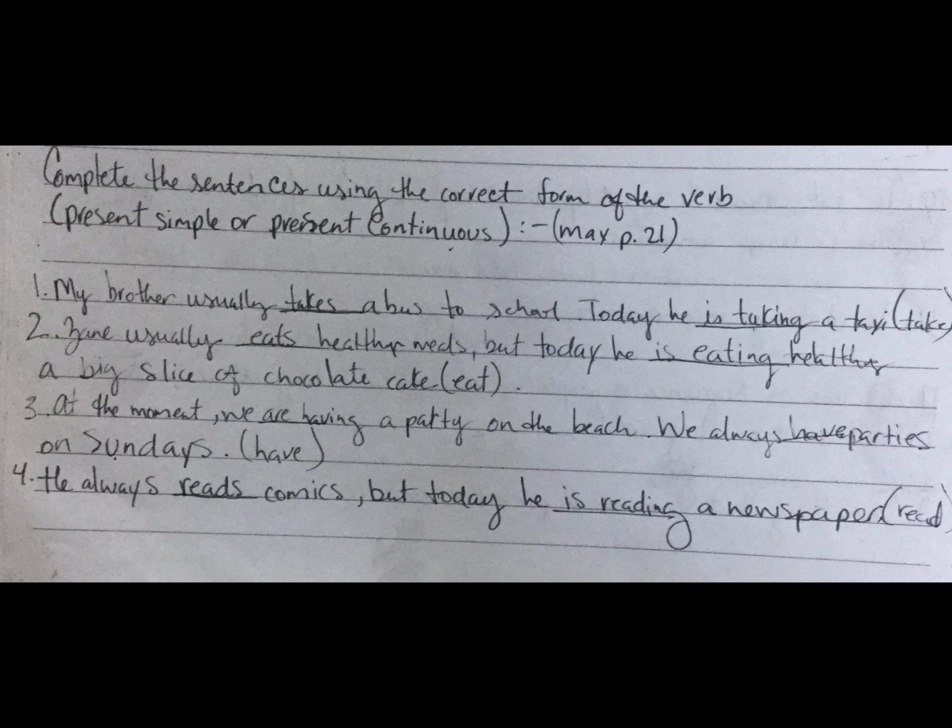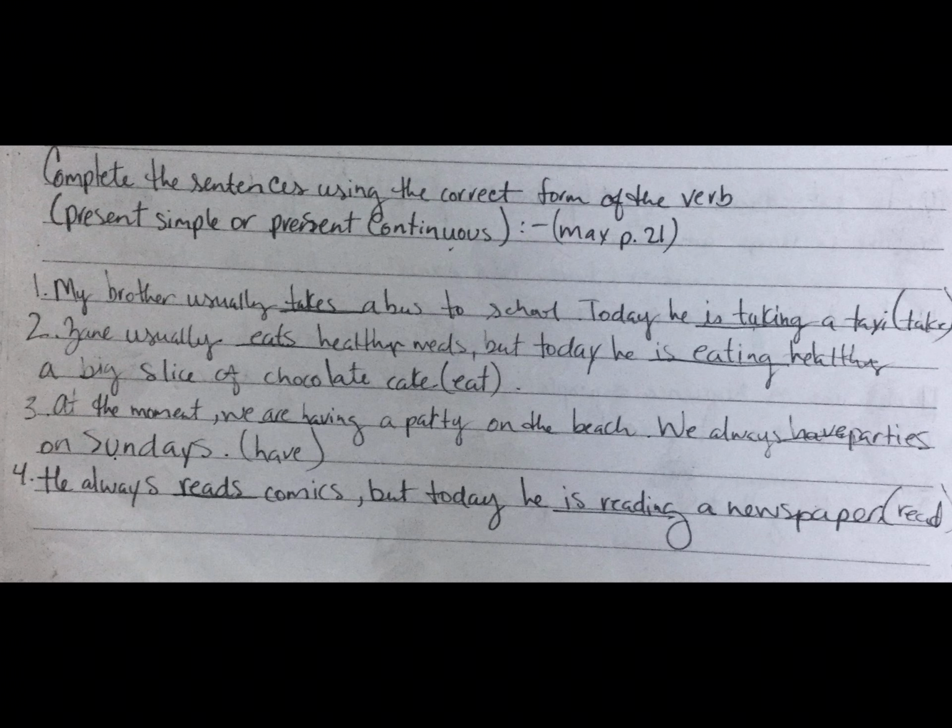So the first one: my brother usually blank a bus to school. Today he is taking a taxi. My brother usually takes a bus to school, because we're talking about a habitual action. Today, which is present continuous, today he is taking, so we added an ing to take.